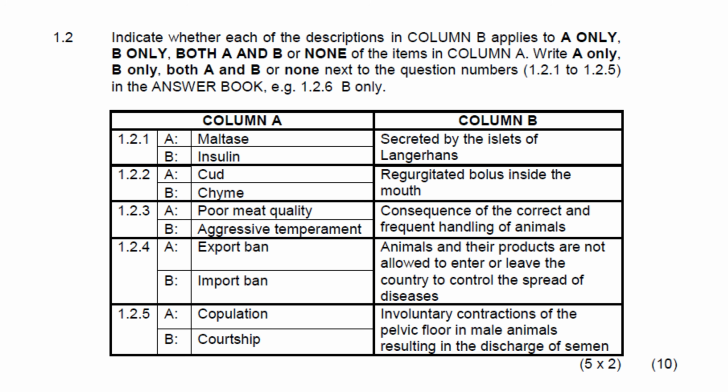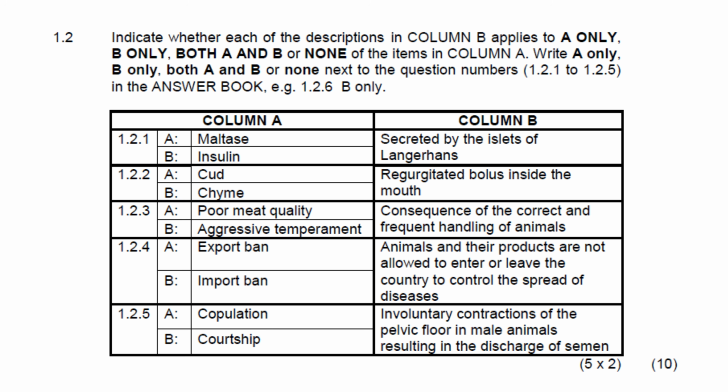Involuntary contractions of the pelvic floor in male animals, resulting in the discharge of semen. What is the correct answer there? You have 2 options, copulation and courtship. Now this one is clear.